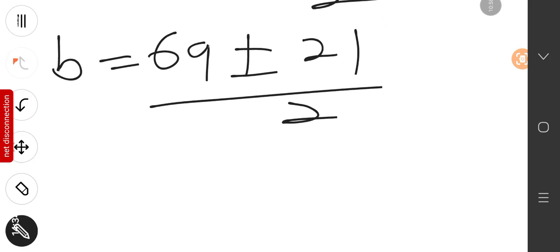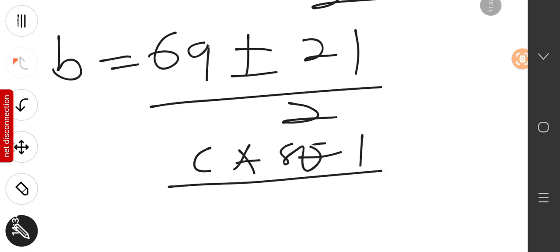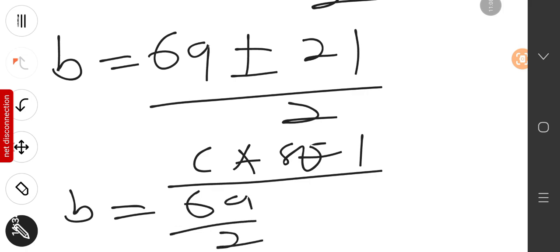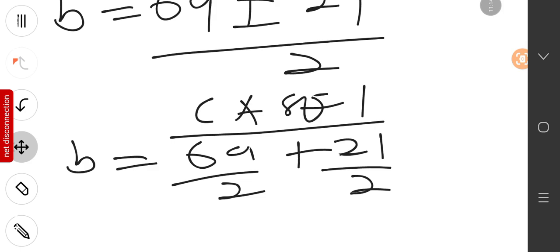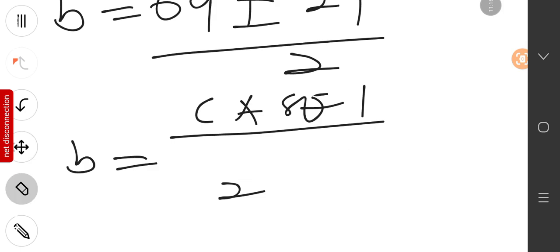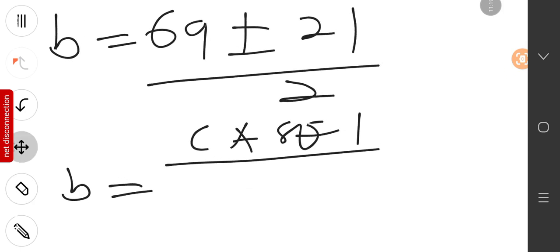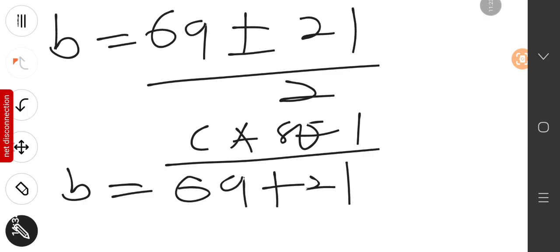So case 1, we are going to have b equals 69 over 2 plus 21 over 2, or we can simply do it this way. Case 1, we are going to have 69 plus 21 all over 2.